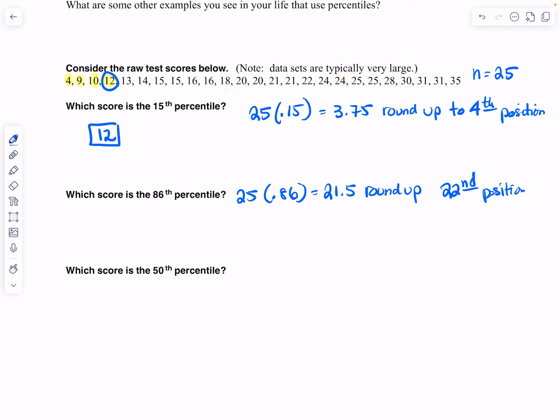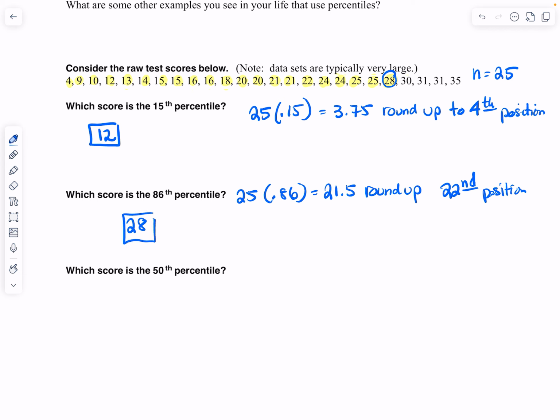We're going to find out what value is in that position. I'm going to highlight 1, 2, 3, 4, 5, 6, 7, 8, 9, 10, 11, 12, 13, 14, 15, 16, 17, 18, 19, 20, 21. So that 28 is the score in the 86th percentile.